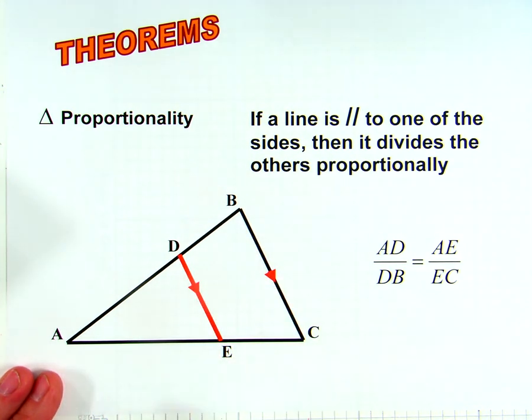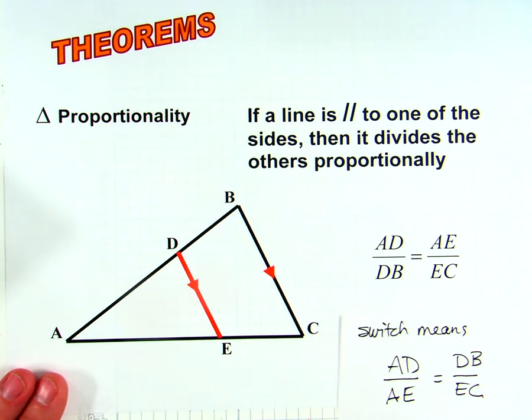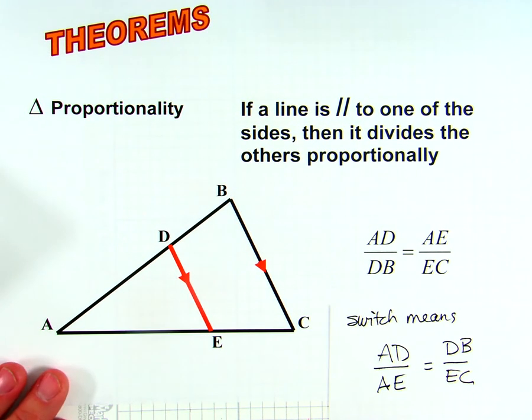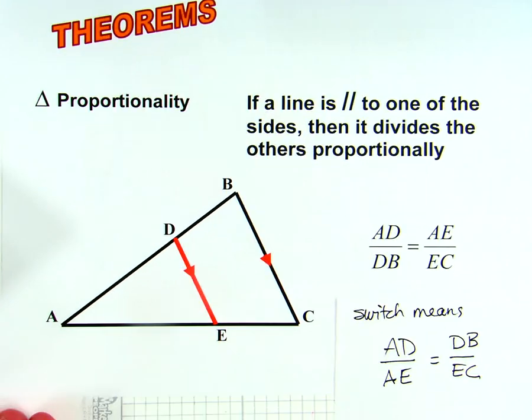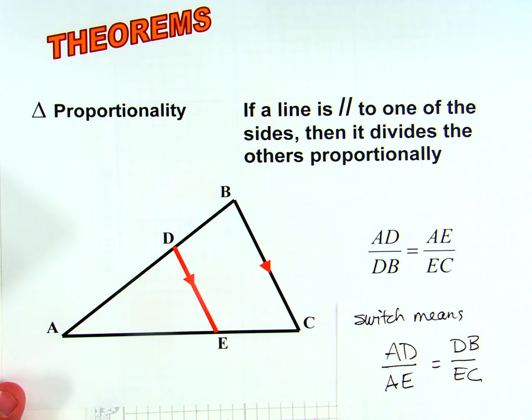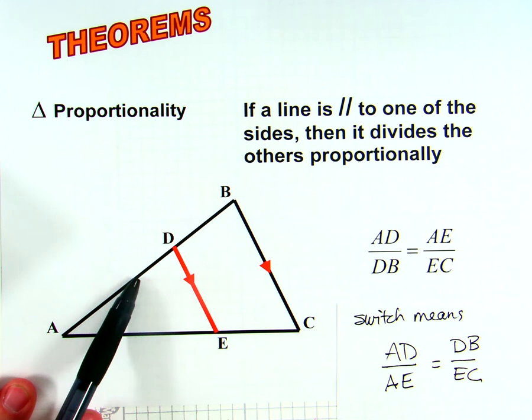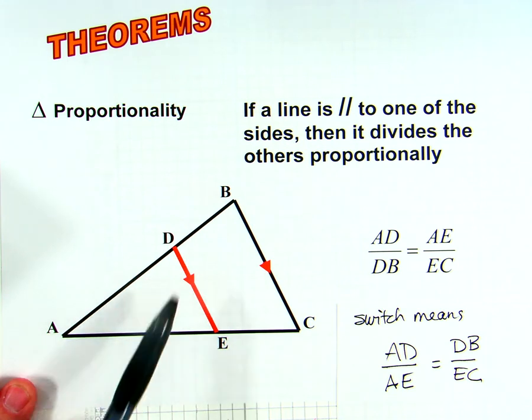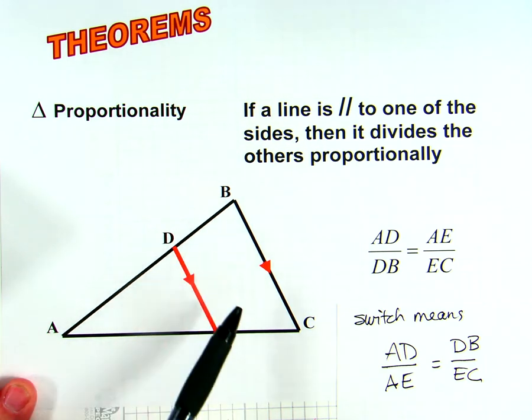Notice that we can switch the means and have a way to arrange it that might also be helpful from time to time. So I've switched the means here. So now I can say AD is to AE as DB is to CE.